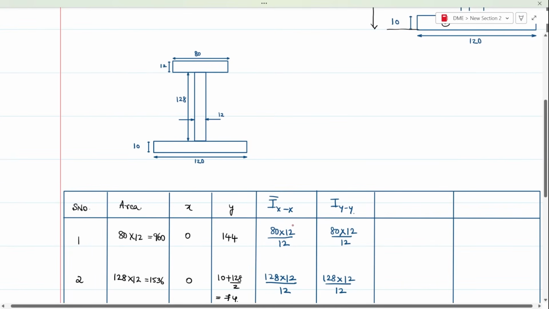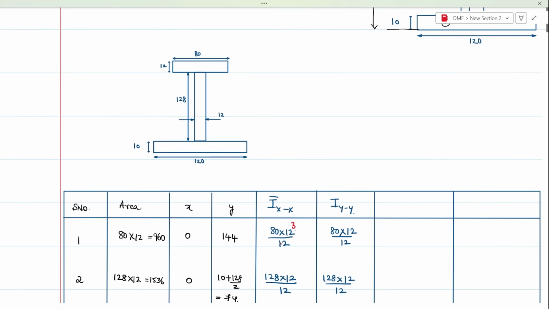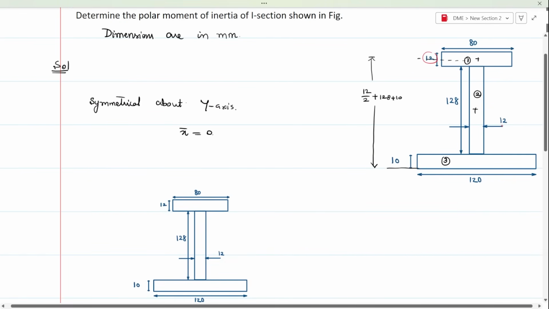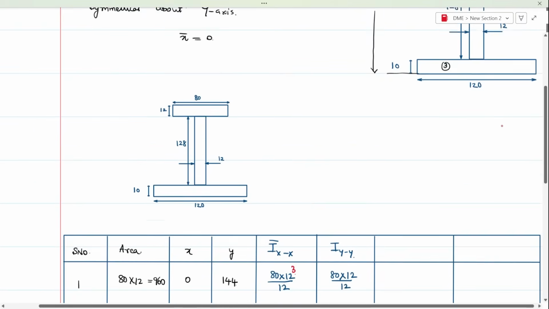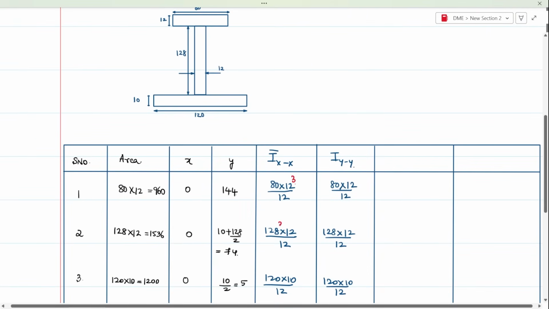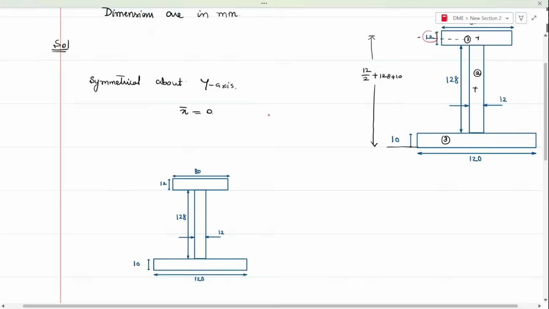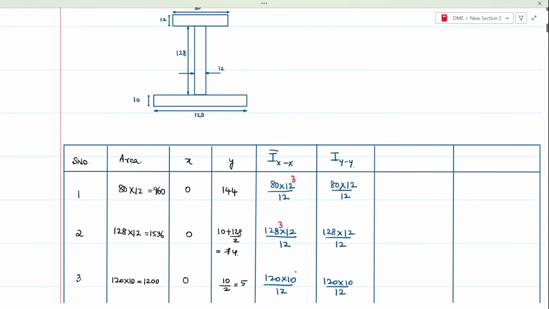So this has to be expressed as 80 into 12 cube by 12. In the second case, 128 into 12, the dimension perpendicular to the x-axis is 128, so 128 should be raised to the power 3. Same way, in area 3, 10 mm is perpendicular to the x-axis, so 10 should be raised to the power 3.